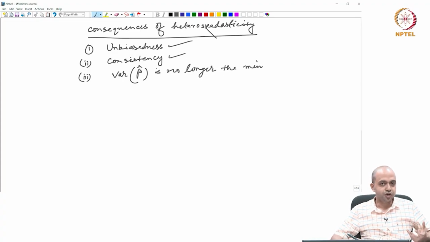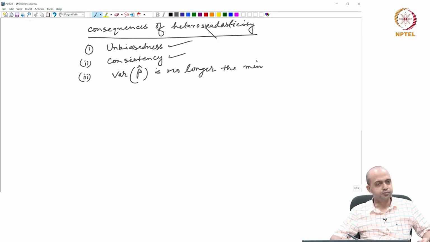That means, you are getting a t statistic which is not the original t statistic, rather that is disturbed because of the variance getting disturbed in presence of heteroscedasticity. This is the problem. Okay? This is the problem.